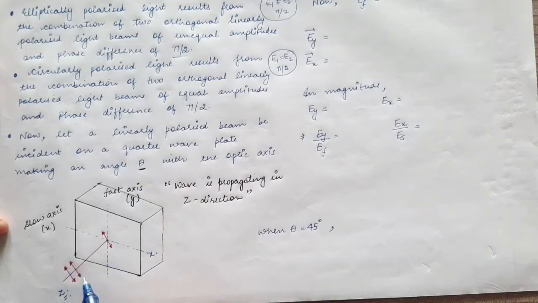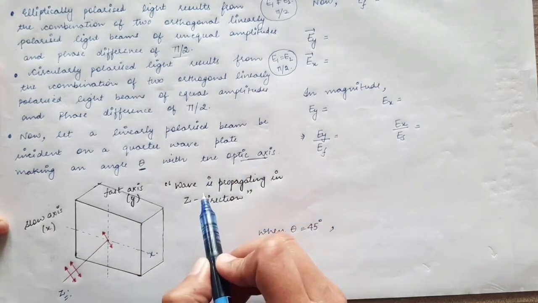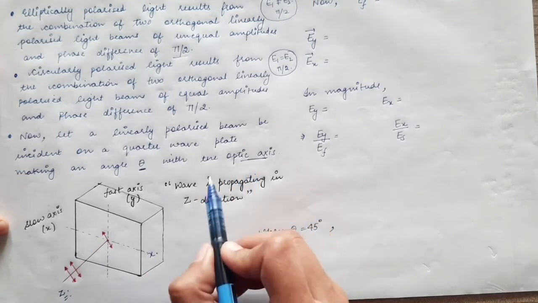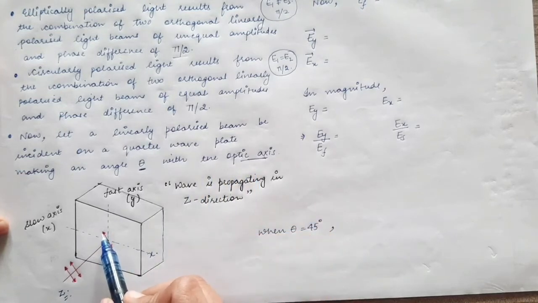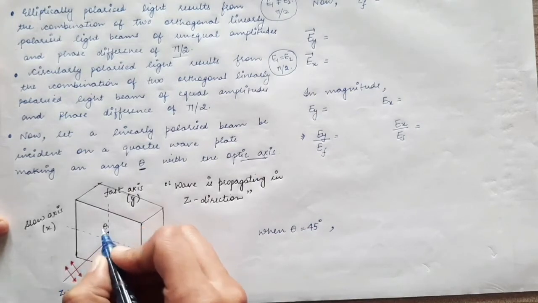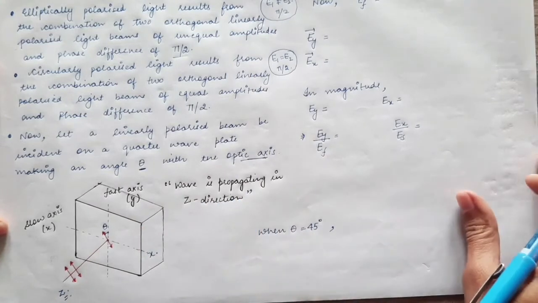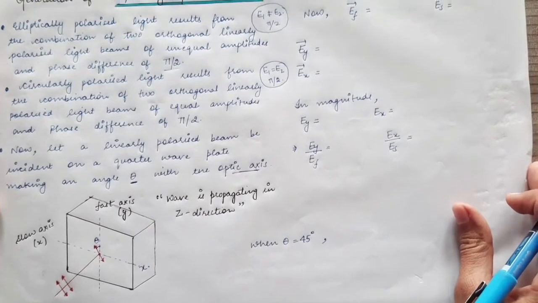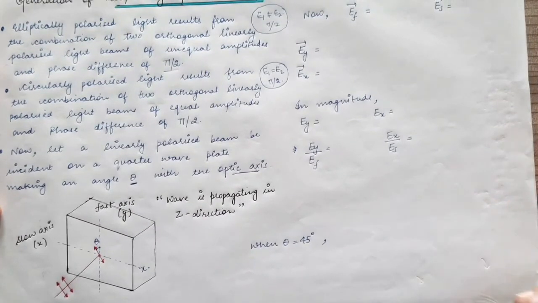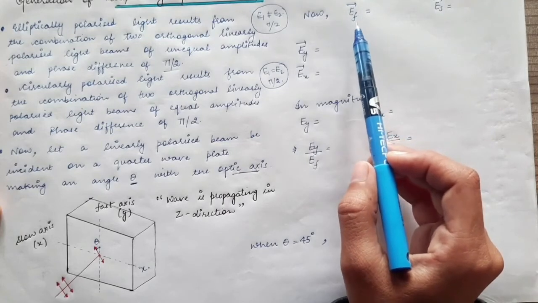The electric field vibrations of the incident light make an angle of theta with the fast axis, and the wave is propagating in the z direction. Now what will be the electric field of the fast component?